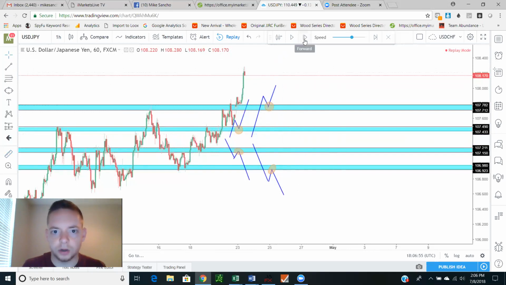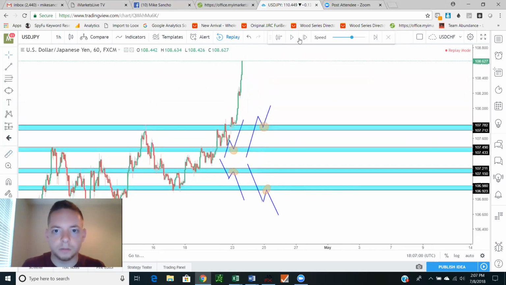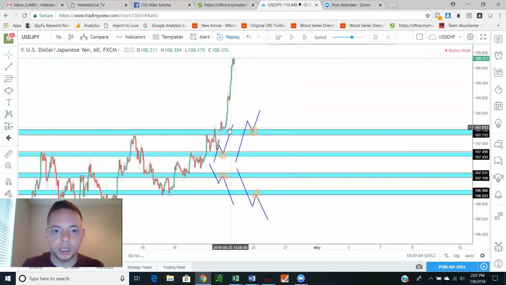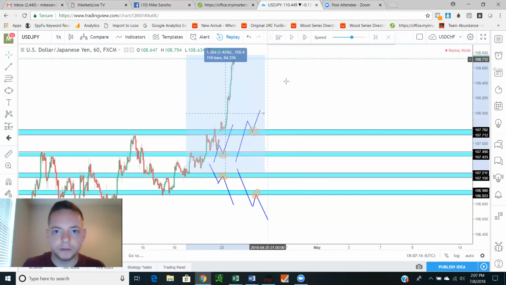Let's see if I can get another buy if it pulls back. Yeah, man, it's taking off. That was a really nice buy right here. Let's see what we got. 90 pips there, this one's going to be real nice. Okay, 150 plus pips there.